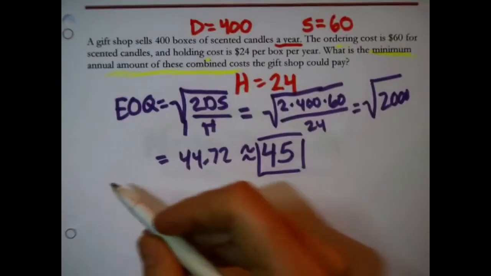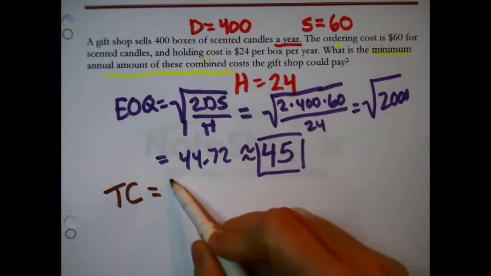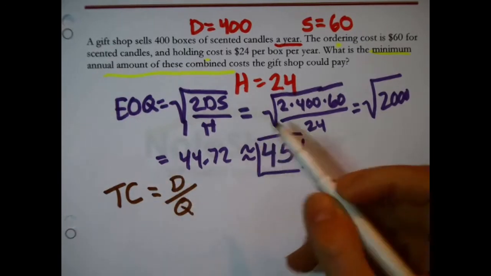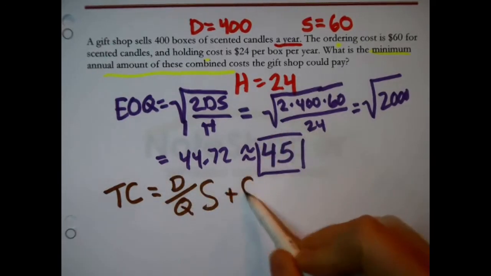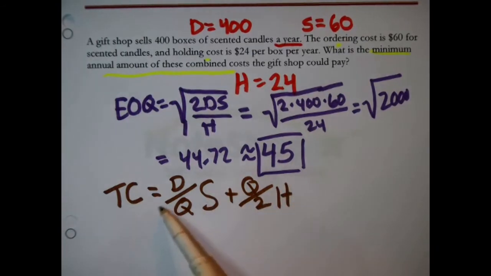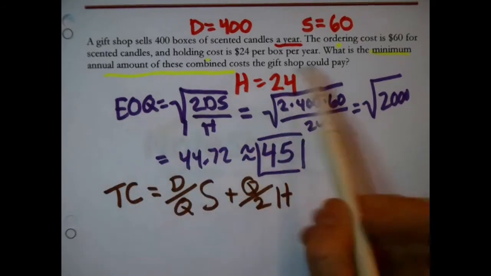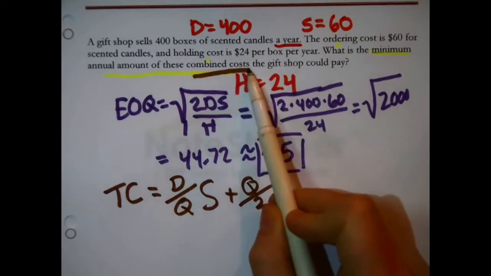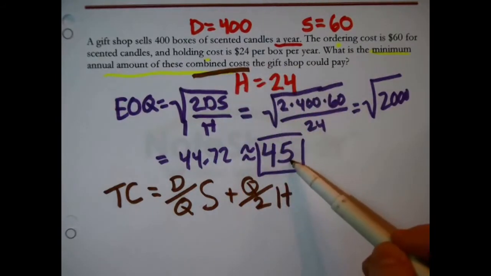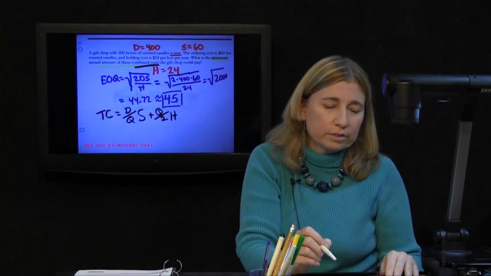So what we need is the total cost formula, in this case, D divided by Q times S plus Q divided by 2 times H. This calculates their annual ordering costs. This half calculates their annual holding costs. Add them together. That is their combined costs. If you use Q equal 45, that will minimize their costs. That's the whole point of the EOQ.